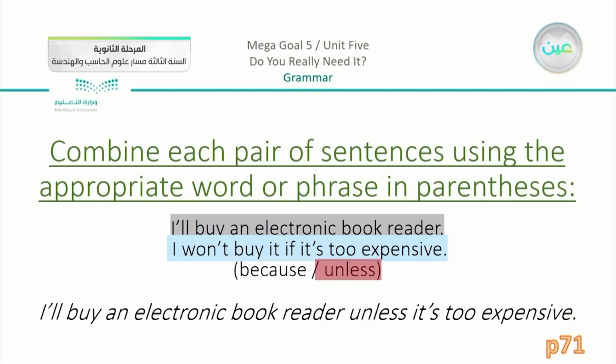We are going to link them together using an adverb conjunction. We have an adverb clause actually. They have some choices in the book. The suitable choice is going to be unless, and then they join the two sentences together: I'll buy an electronic book reader unless it's too expensive. This is already done in the book.